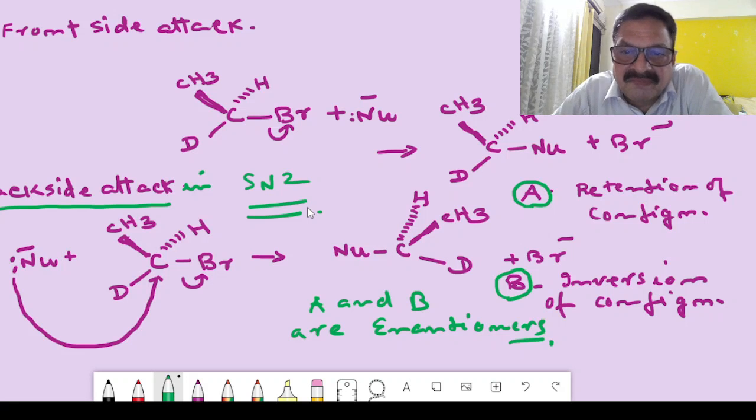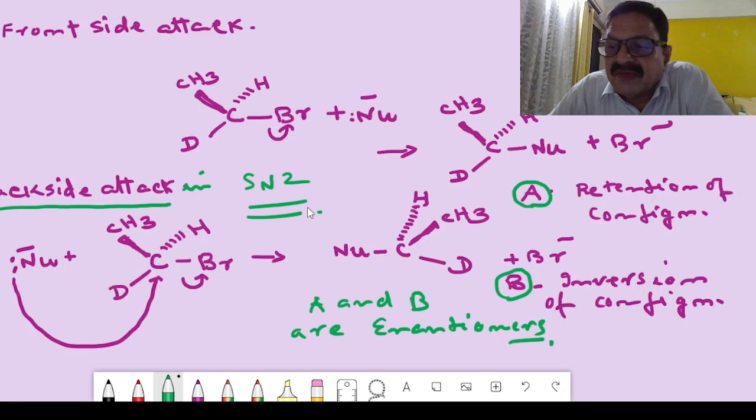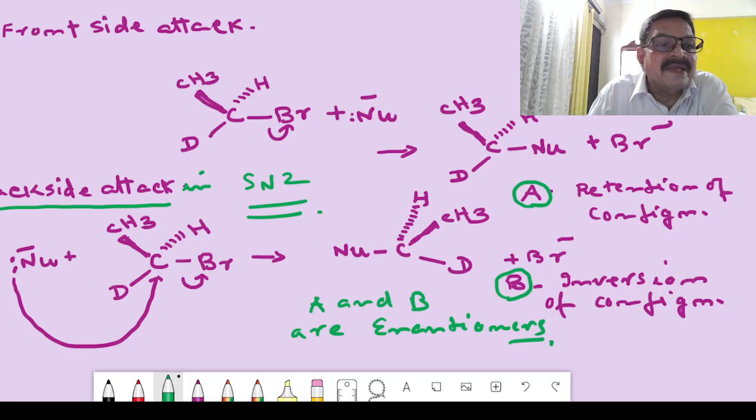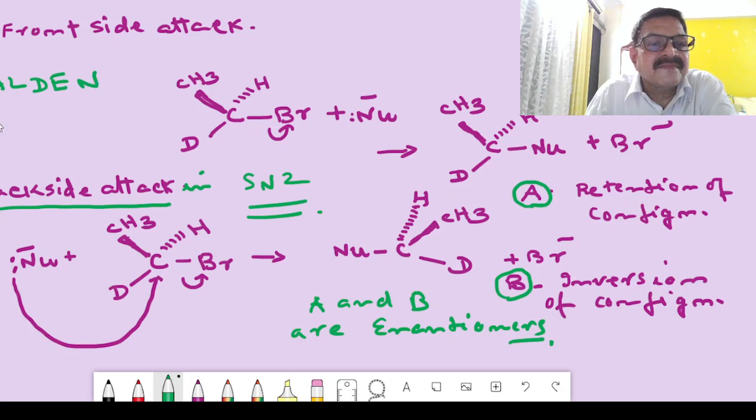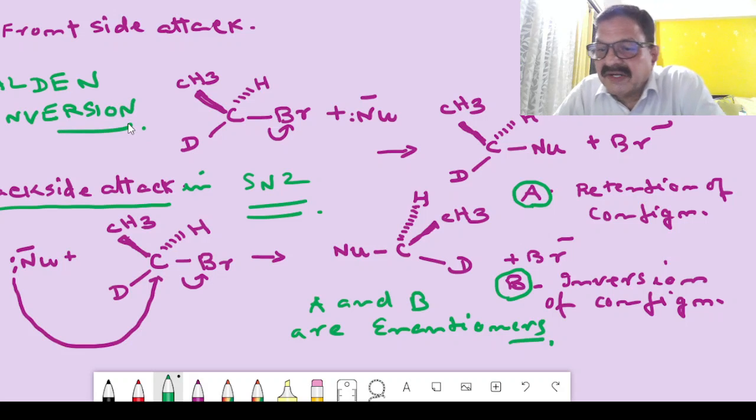The product of backside attack is formed in an SN2 reaction. Therefore, inversion of configuration takes place. Correct. This inversion is known as Walden inversion.